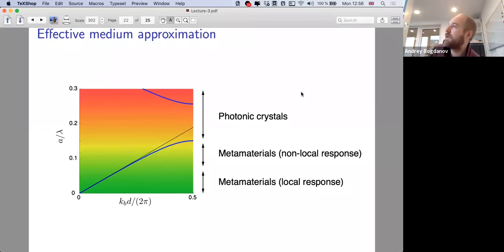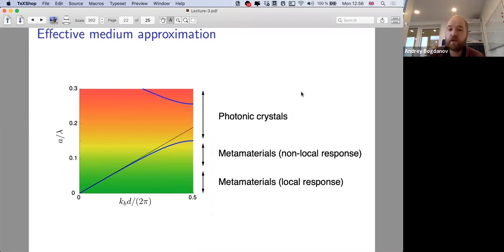Let me consider the interaction of an electromagnetic wave with, let's say, diamond. Diamond is a crystal, and for visible wavelengths, diamond behaves like an effective medium, like transparent glass. But if I increase the frequency of radiation from visible to X-ray, which is also electromagnetic waves, the wavelength is very short and comparable with the atomic period of my structure.